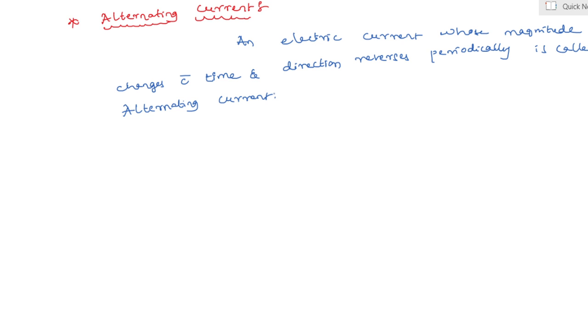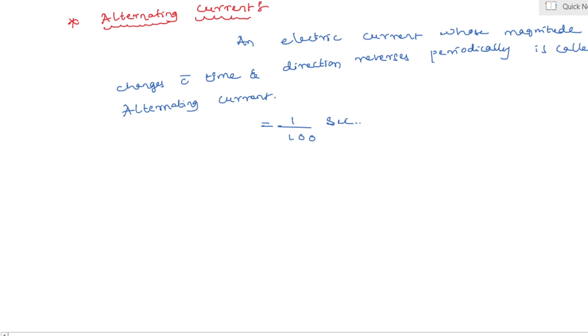The number of cycles completed by the AC in 1 second is called the frequency of AC. The frequency of AC in India is 50 Hz, which means that AC changes its direction after 1/100 seconds.